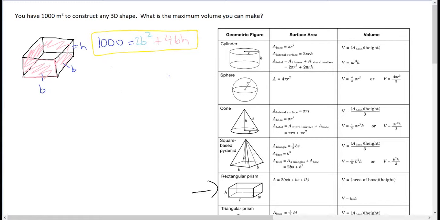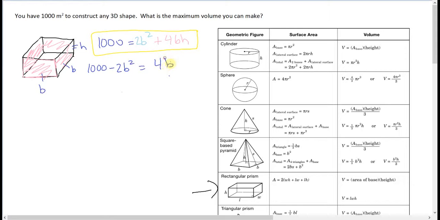Similar to what we did for the cylinder, we want to be able to pick one of these values and solve for the other one. So we want to maybe pick b and solve for h. So we'll need h by itself. So we're going to use the same steps to isolate h. We're going to have to subtract the 2b squared from both sides. 1,000 minus 2b squared. We subtract it from the right-hand side, so it's gone.